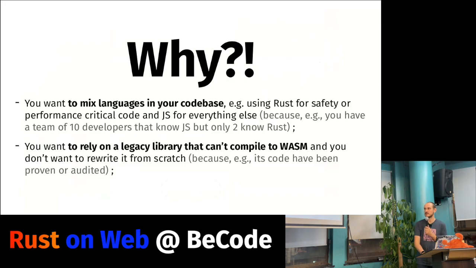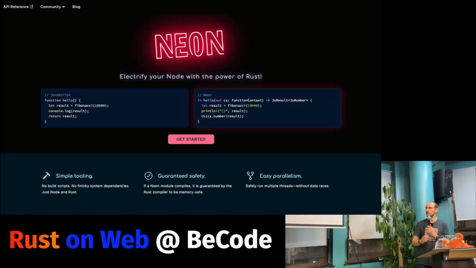I talk about Rust and JavaScript, but that's a general concern. And there's already something that allows you to write Node.js modules fully in Rust. It's called Neon. It's the main web page. You have some code examples, a bit small, but the Rust code does not look like real Rust code. You have a lot of Neon constructs.